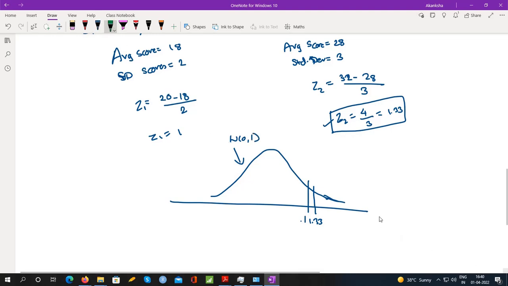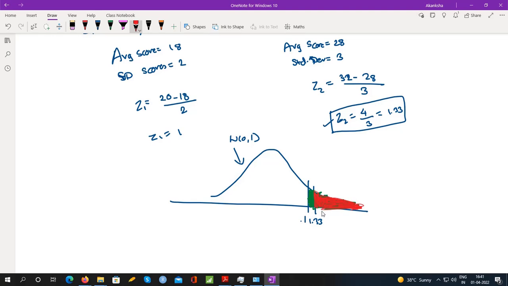For z equal to 1, this entire thing to the right of this is the probability of someone scoring better than the person who got a z score of 1. Whereas for 1.33, this would be the probability of someone scoring better than that person. So the proportion of people scoring better than the person with z score 1.33 is less than the proportion scoring better than the person with z score 1.